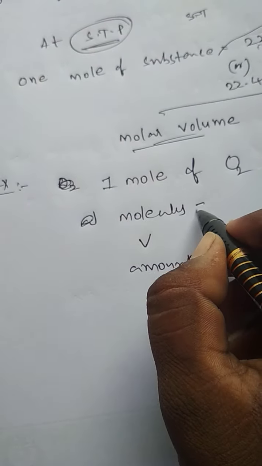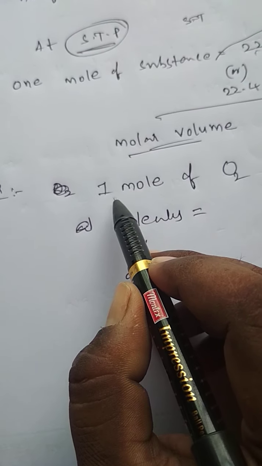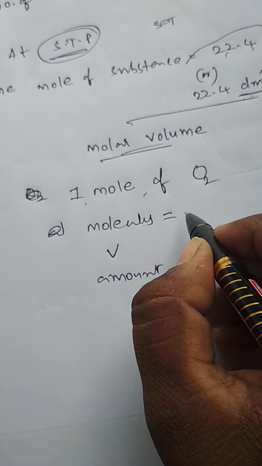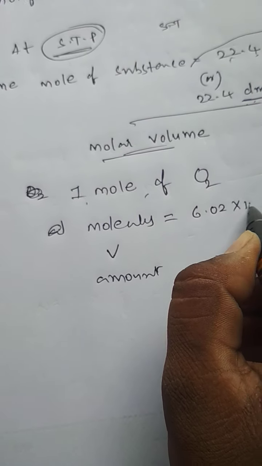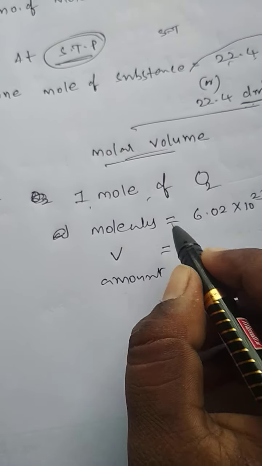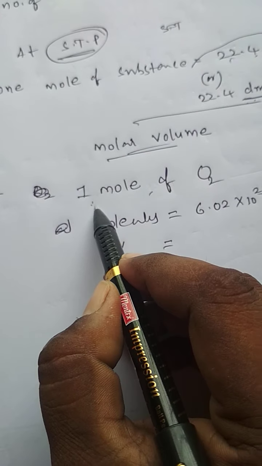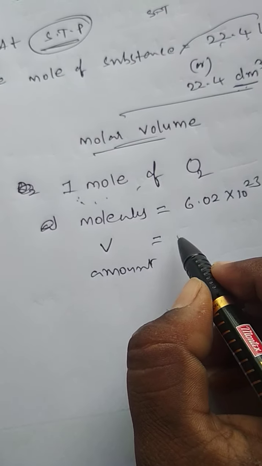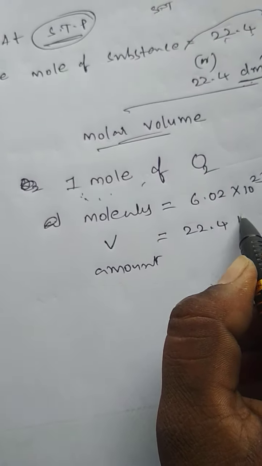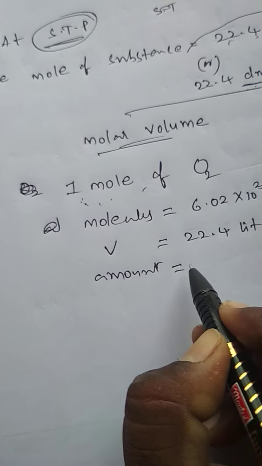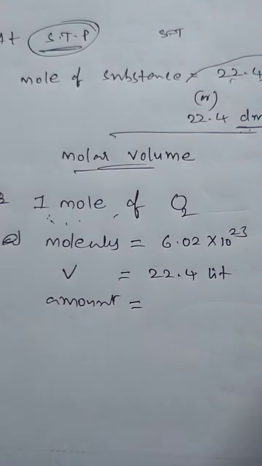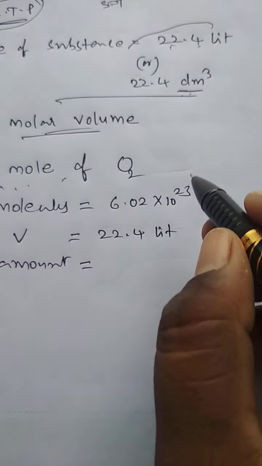Okay, so first, number of molecules. 1 mole of oxygen molecules contains how many molecules? From the definition, 6.02 × 10^23. At STP conditions, 1 mole of any gas occupies how much volume? 22.4 liters. These two are common for any substance, but the amount depends upon its gram molecular weight.